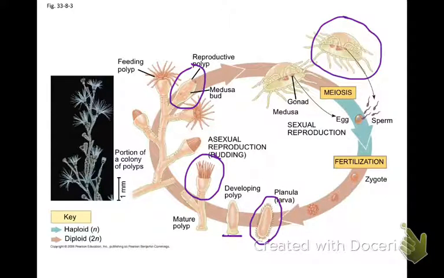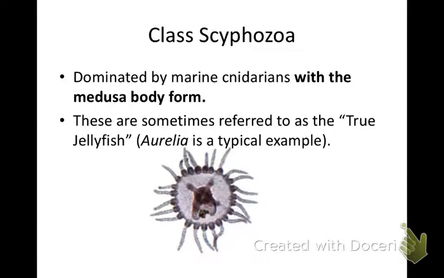So the medusa forms will then produce eggs and sperm by meiosis, which will fuse in fertilization to form a zygote, and the life cycle will continue. So the class Scyphozoa are organisms dominated by the medusa body form.